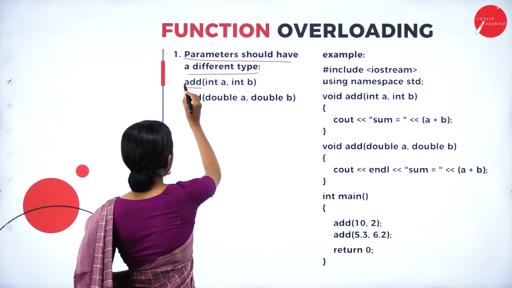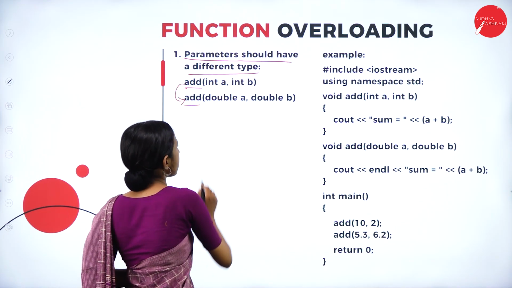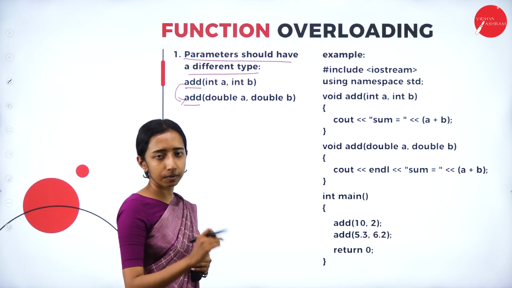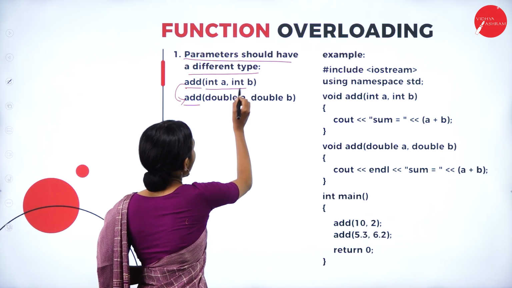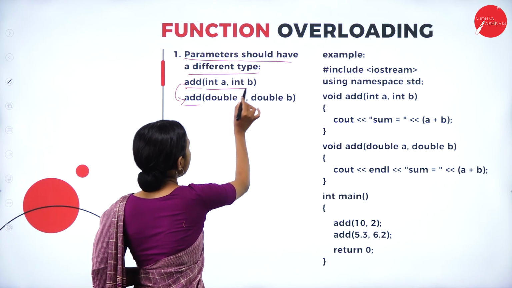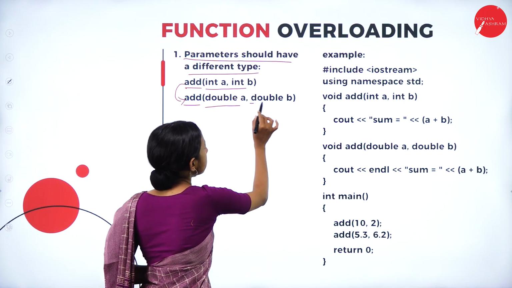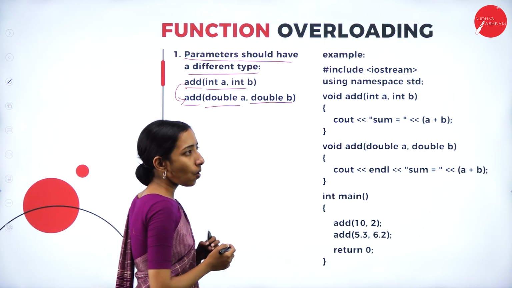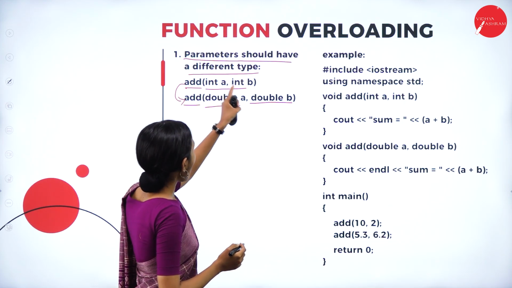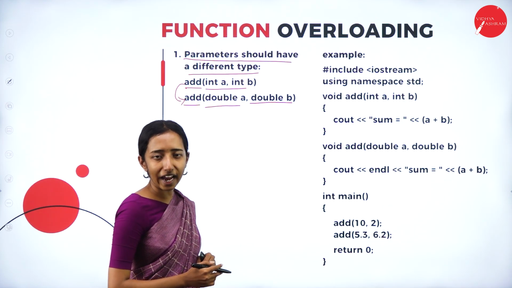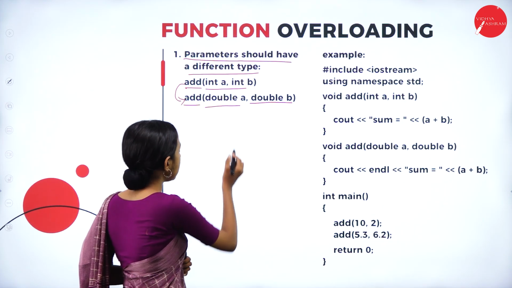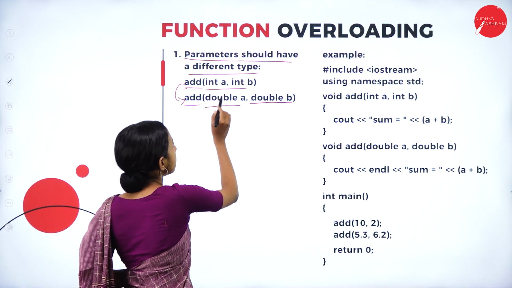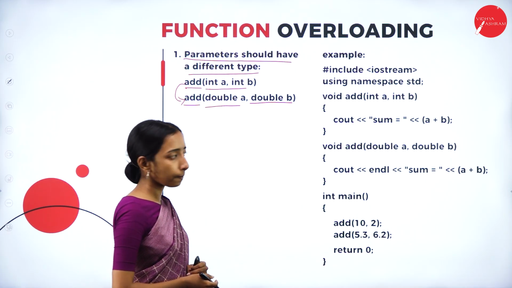So now here you can see I have a function with the same name called add. Next, the parameters, that is int a, int b, and here double a, double b. So now I have taken parameters with different types for the functions. That is, the first function uses int and the second function uses double.